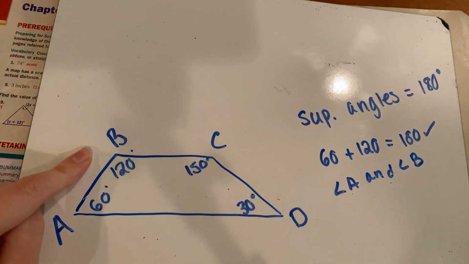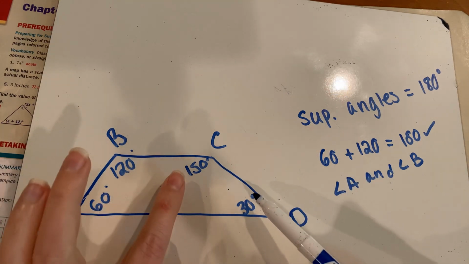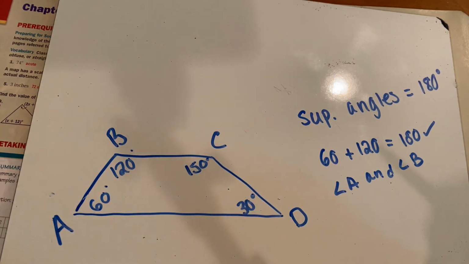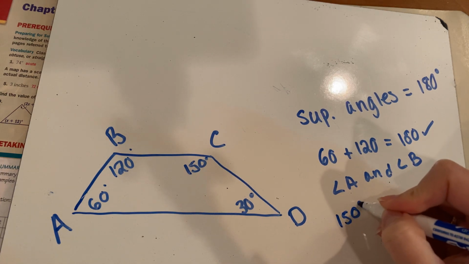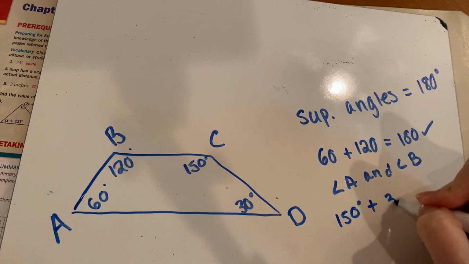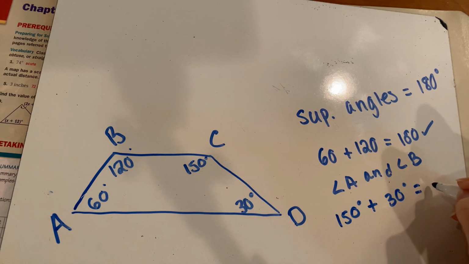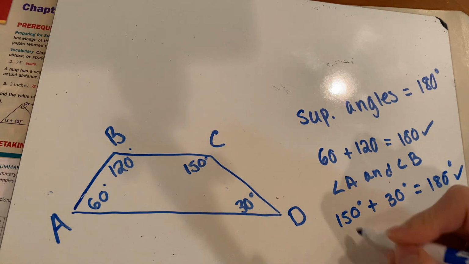B plus C, 120 plus 150, way too big, that won't be 180. Now I have 150 degrees plus 30 equals 180 degrees. So I found a second pair.